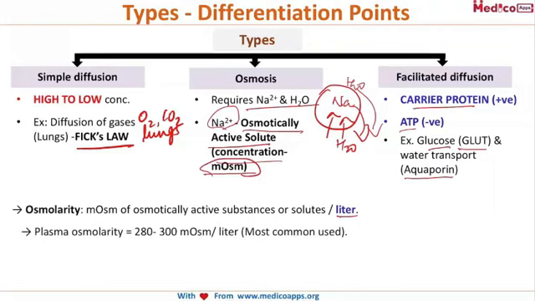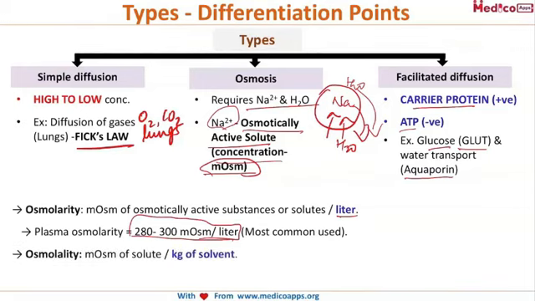And the plasma osmolarity is 280 to 300 milliosmoles per liter. Kindly memorize this value, 280 to 300 milliosmoles per liter. Now, another concept, osmolality, is also number of milliosmoles of the solute, but per kg, not liter, right? Osmolarity is liter, osmolality is for kg of solvent.